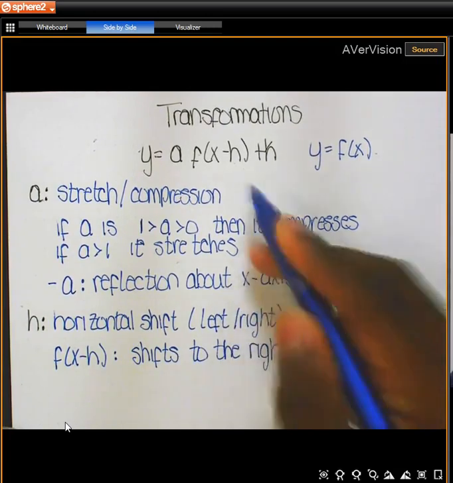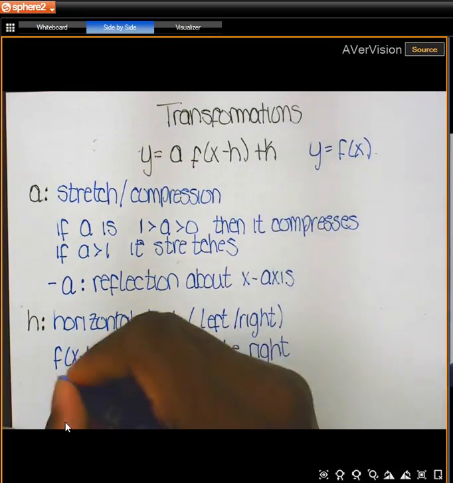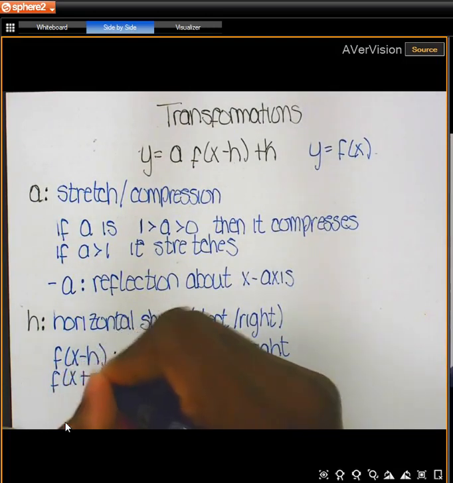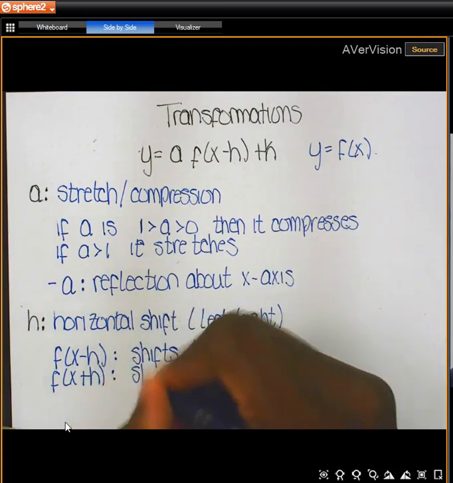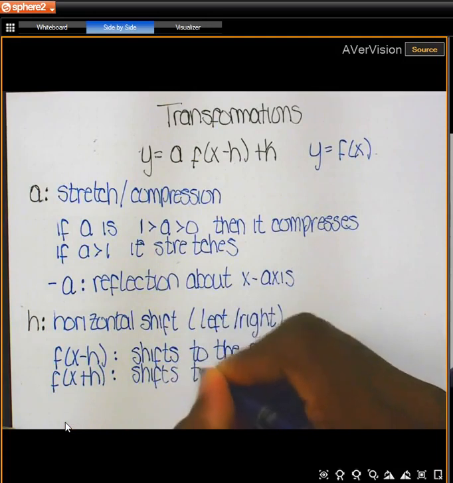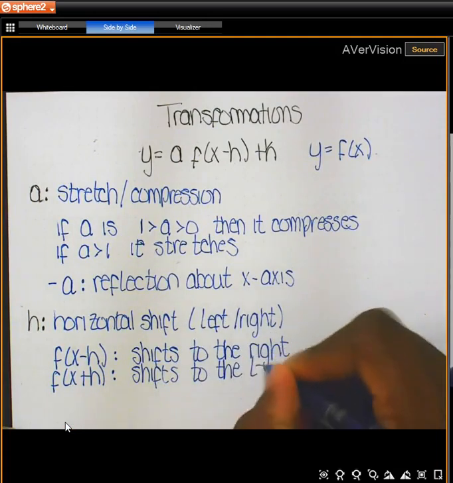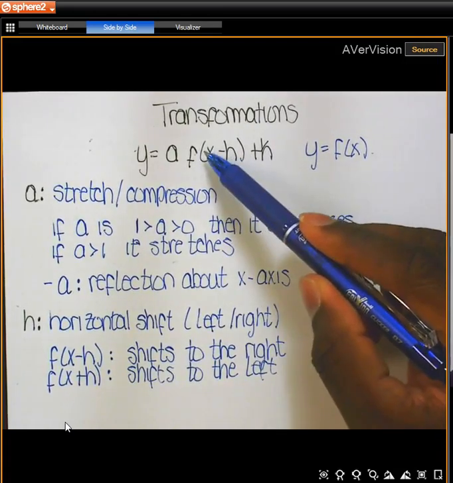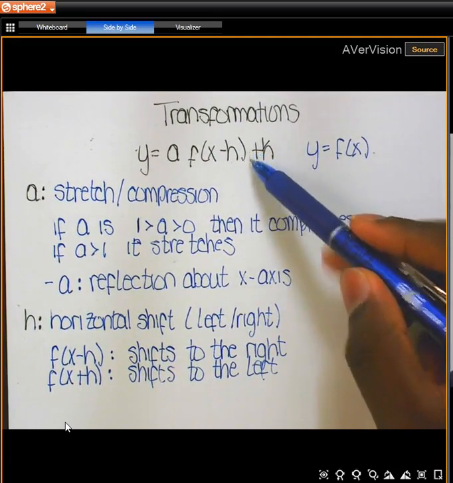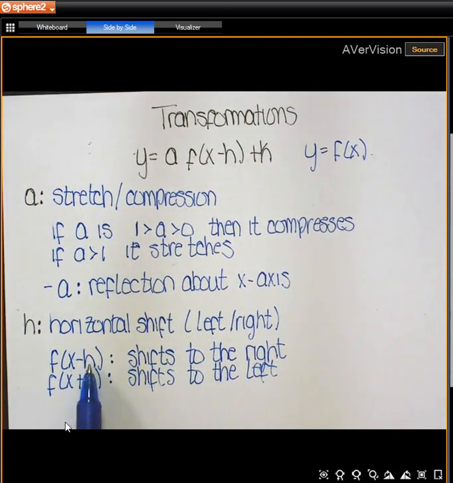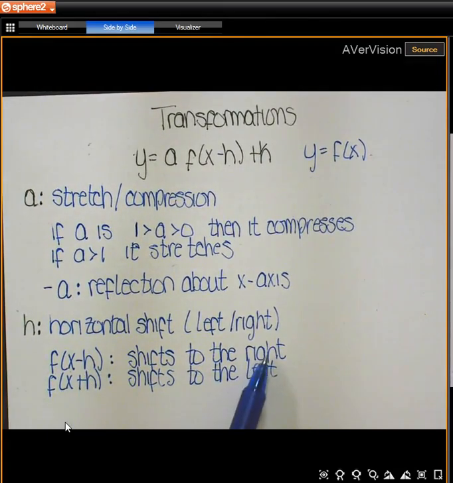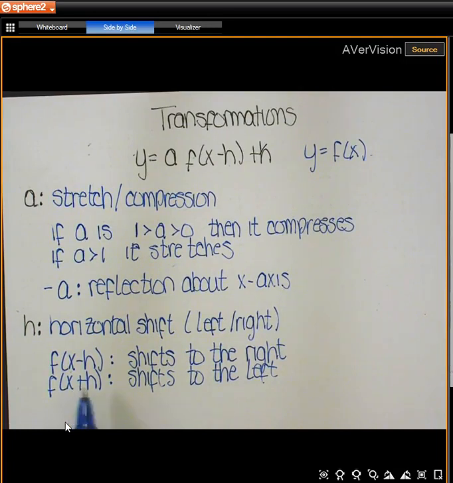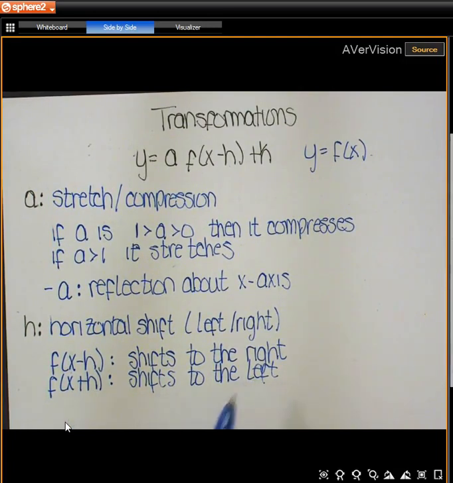Remember, inside with the x is always opposite. So because our transformation function starts with x minus h, if we have x minus h over here, that means h is positive. Positive means we're going to the right. If we have x plus h, that means we had a double negative that cancels out and becomes plus. So that means h had to be negative, so we go to the left.